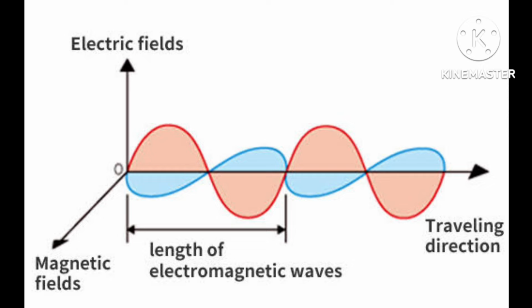And third, dual behavior of electromagnetic radiation. Only then you can understand Bohr's model of atom.